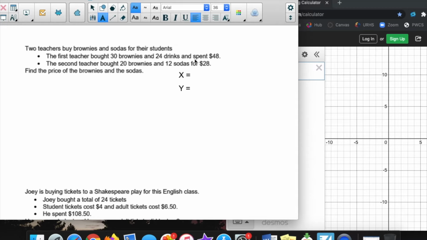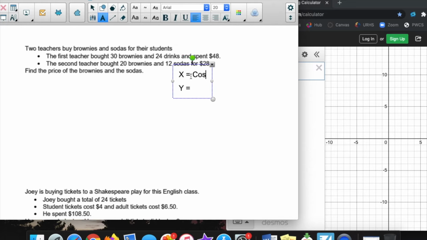Again, we're given all this information about these two teachers and how much they spent total. But the unknown amount, because all word problems have some unknown amount that we're trying to find, says find the price of the brownies and the soda. So that would be an individual brownie and an individual soda. We don't know the price of those, right? The brownies could be $1 or $2 or whatever. The soda, same thing. So those are going to be my two variables.